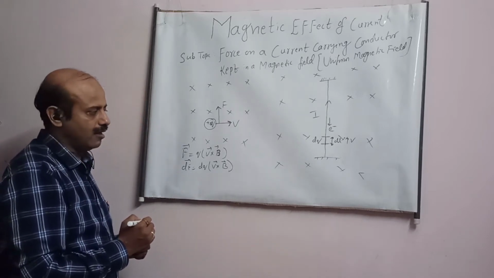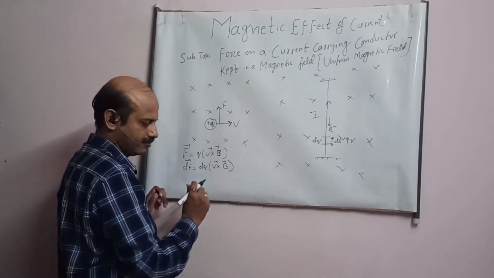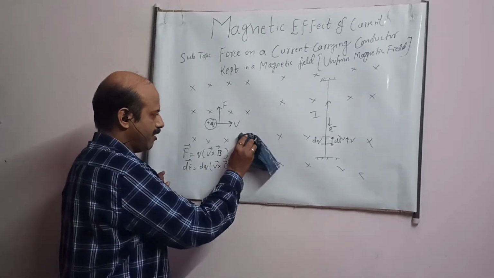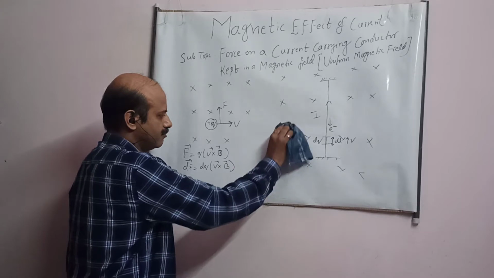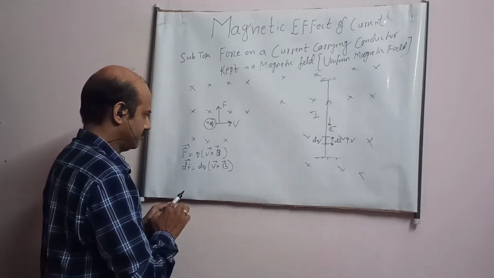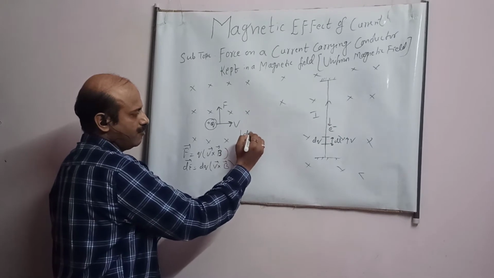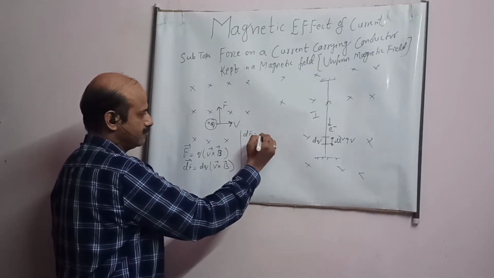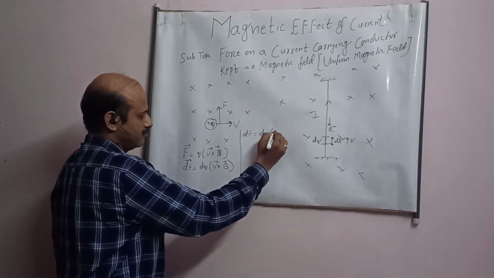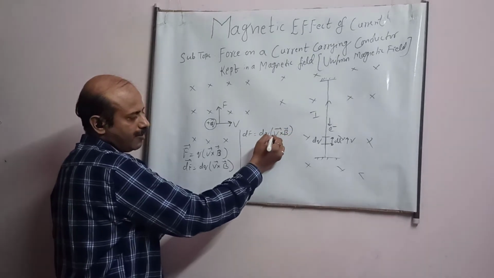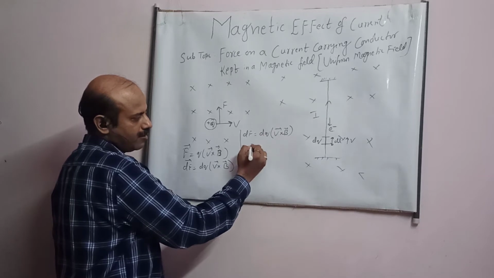Now what I will do is, I will write the same formula here, the small force acting on the length dl, and I will multiply and divide by dt.